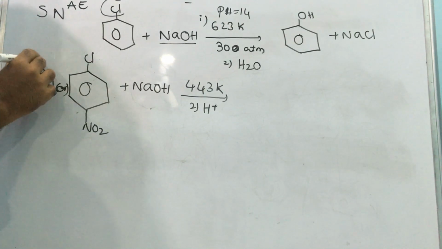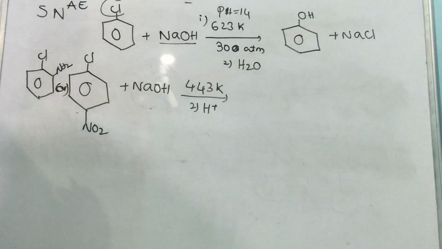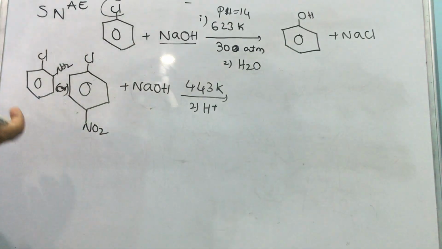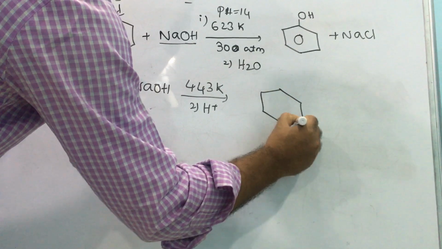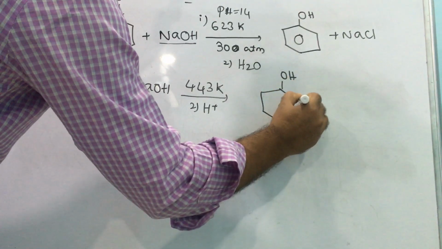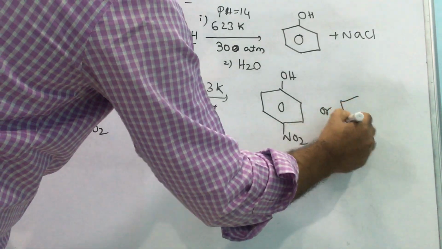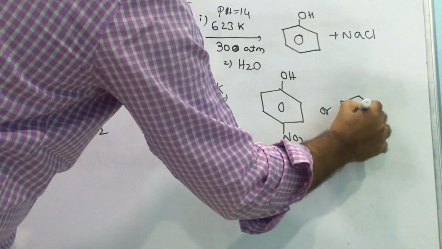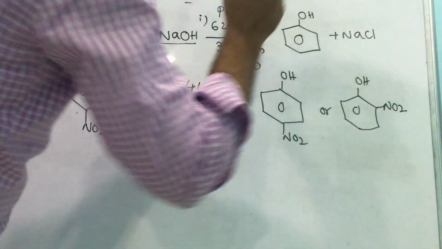Both reactivities will be the same. NO2 group at ortho or para position, the reactivity is nearly the same because they are equivalent resonance structures. Now we will get here OH with the NO2 group. Otherwise, if the ortho position is taken, we will get OH and NO2 here.